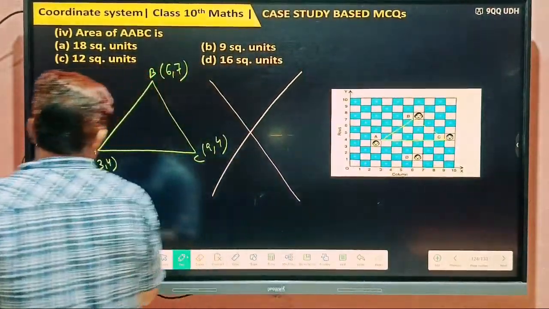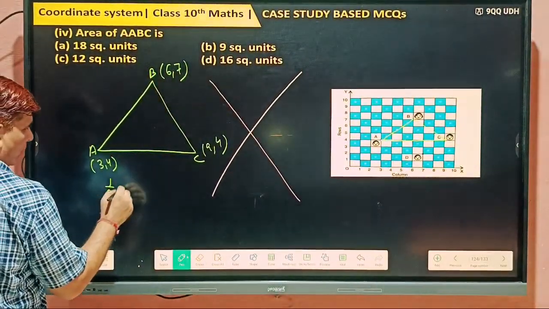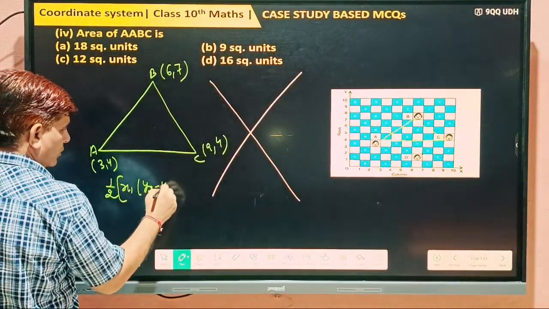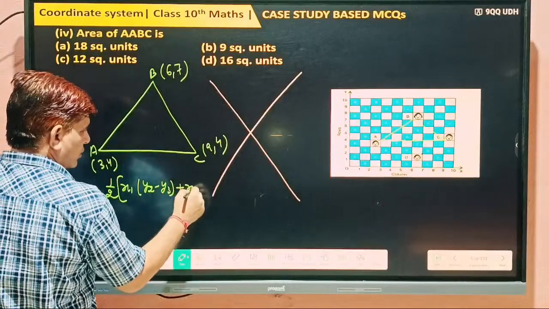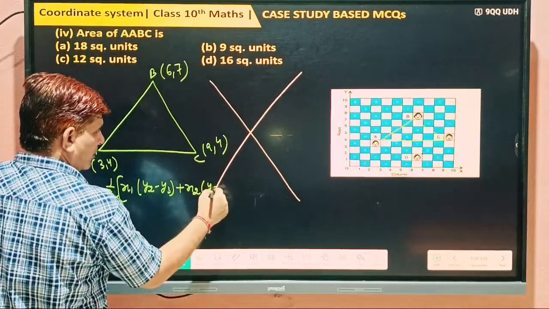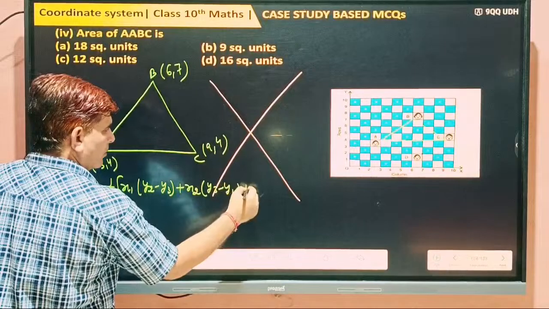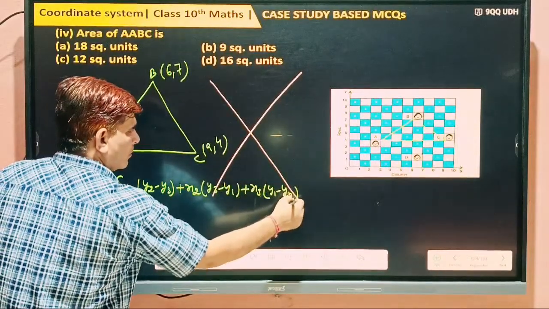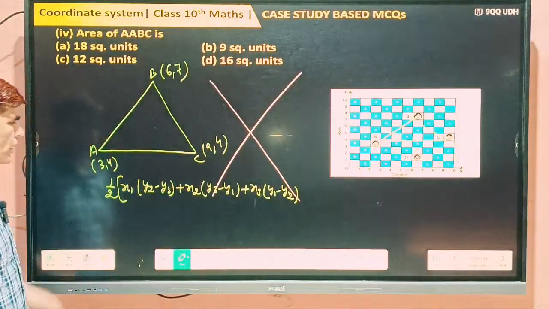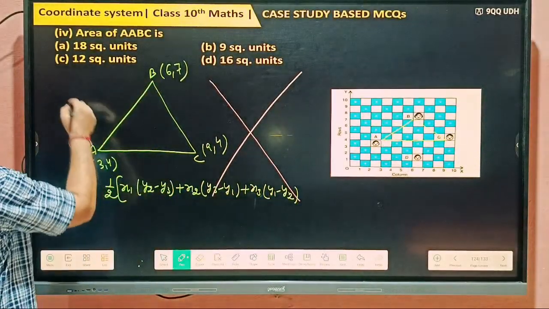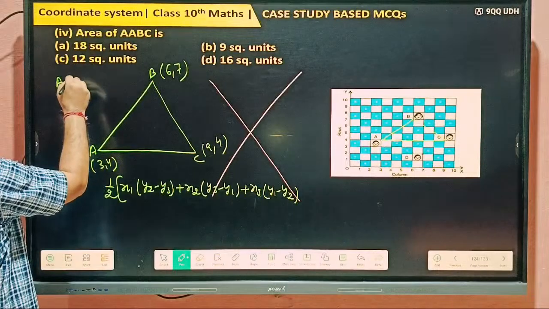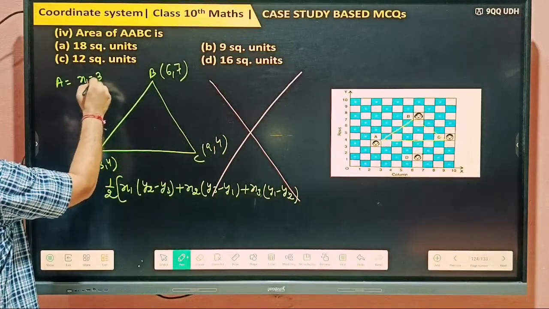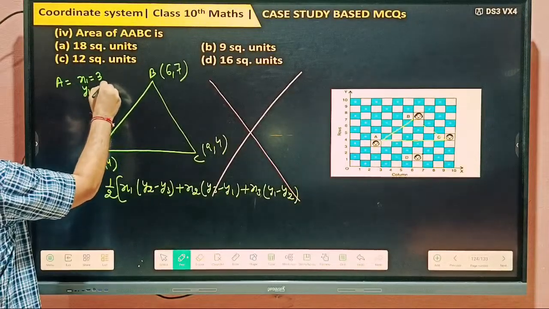Then the formula is this: 1 by 2 x1 (y2 minus y3) plus x2 (y3 minus y1) plus x3 (y1 minus y2). So look one time. For A we have taken x1 equal to 3, y1 equal to 4.